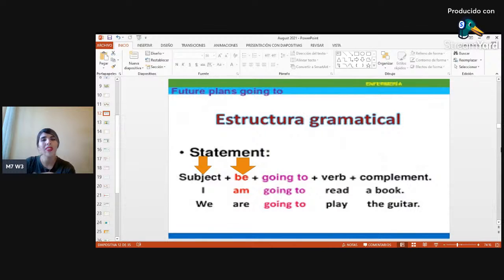The difference with the going to, la diferencia para expresar el going to, gramaticalmente, tenemos que nosotros utilizar en las afirmaciones the personal pronoun or subject, and then the verb to be, like in simple present, like I am, we are, she is, we have am, is, are. So depending on the subject, we're gonna choose the correct part. After that, we incorporate going to.